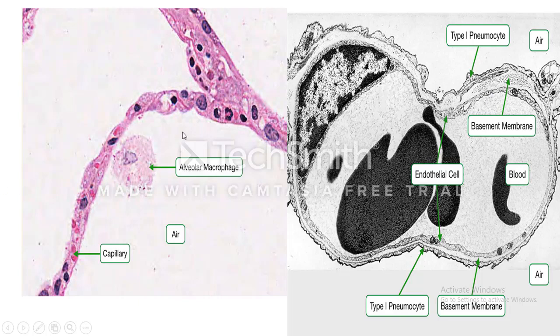This is endothelium, and this is pneumocyte 1, and this is endothelium. Endothelial basement membrane and pneumocyte 1 make up the blood-air barrier. This is a transmission electron microscope. This is a light microscope picture.